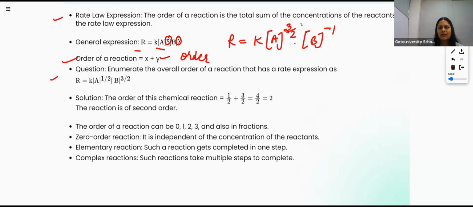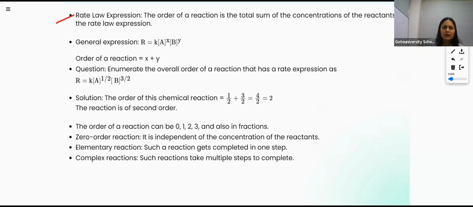So that will be 3 by 2 minus 1, because plus and minus gives minus. It will be 3 minus 2 by 2, it will be 1 by 2. So the order of reaction will be what? Half, right?